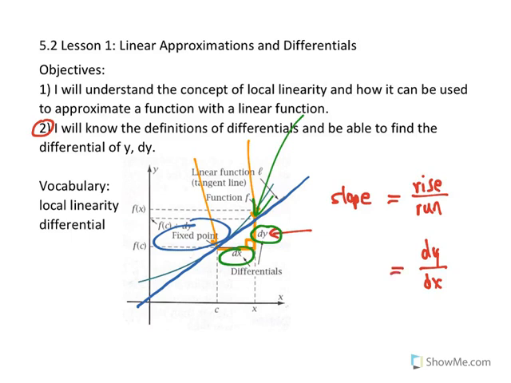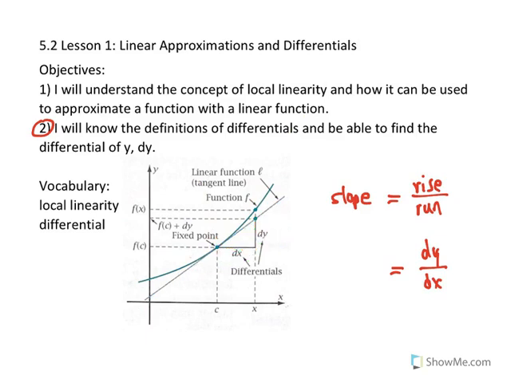And we know how to find slope for the function f. We have to find the derivative of the function f, because the derivative of the function f will give us the slope of tangent lines to the graph of f.